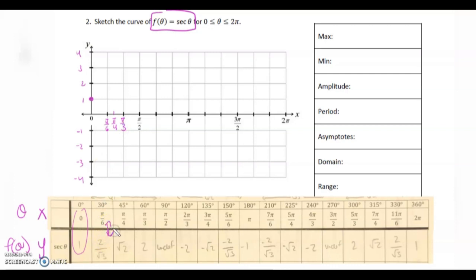So 2 over root 3. We've already seen these numbers, but if you put that back into your calculator, 2 over root 3 is 1.15. So anytime we see it in here, it's 1.15. Okay, 1.15 is a little bit higher. Okay, root 2. Again, we already calculated this, but 1.4.